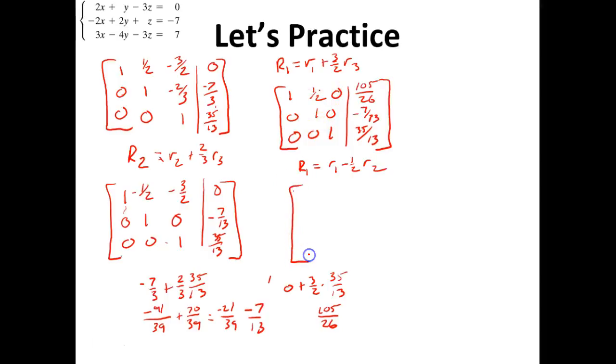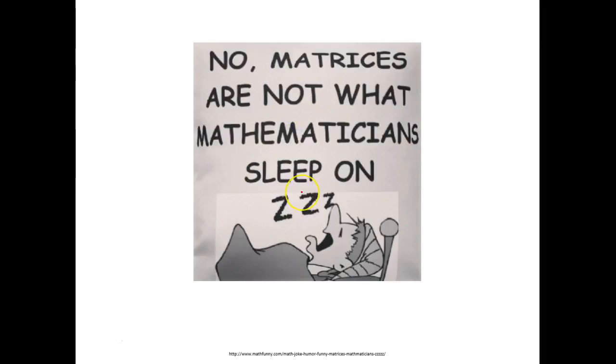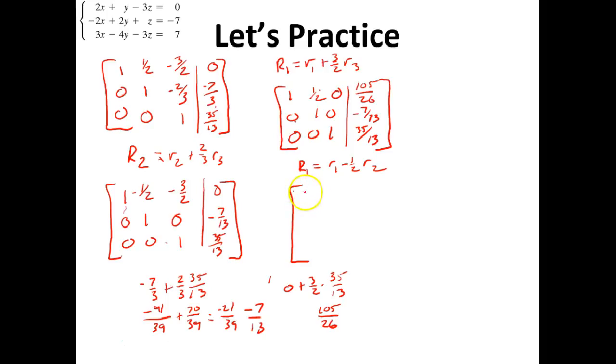So again, row 1 is getting replaced, so I'm taking this minus half of this is still 1. This minus half of this is going to be 0. This minus half of this is still 0. 105, so some more work off to the side. 105 over 26 minus 1/2 of this, negative 7 over 13.